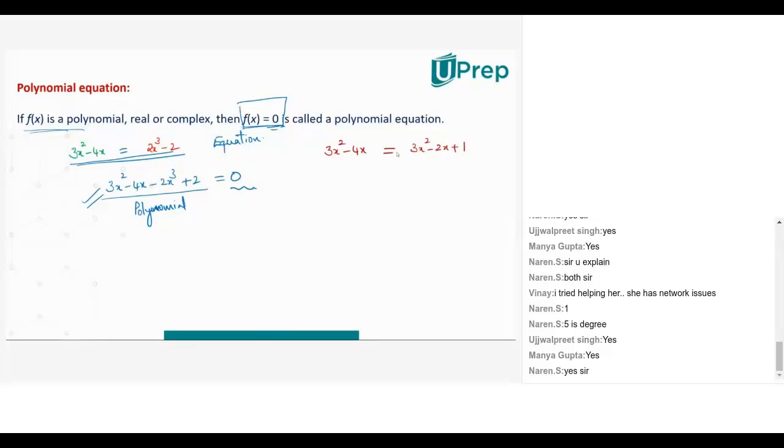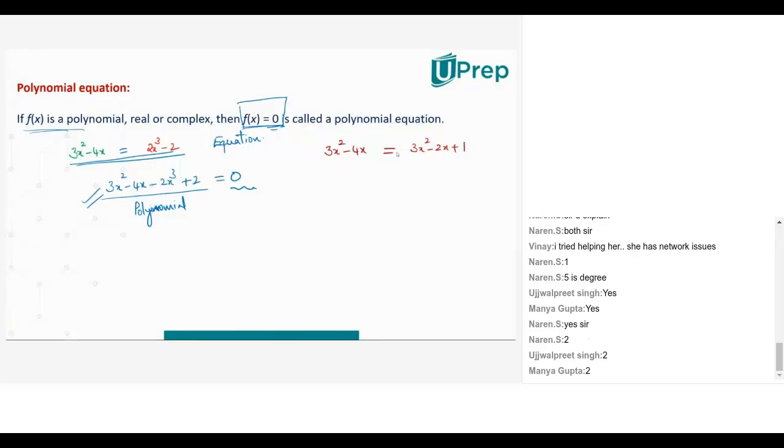Naren says 2. Manya, what's your answer? Ujjwal also says 2. Manya, what is the degree of this polynomial equation? 2. Right.